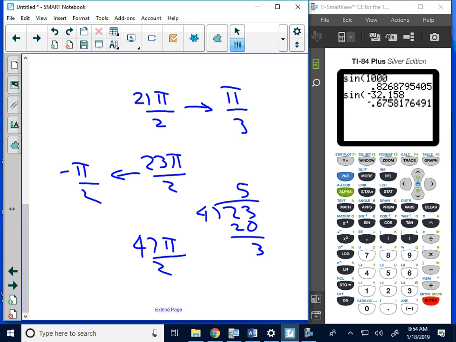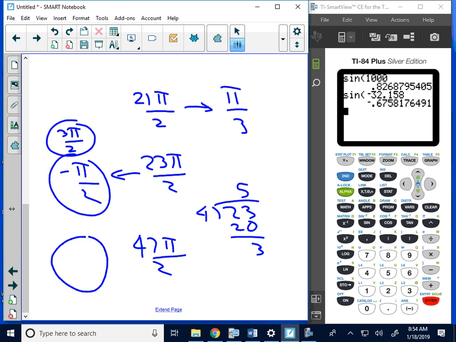Now, I said it was supposed to be the same as negative pi over 2, but this says it's going to be 3 pi over 2. Same thing, right? So here's your circle again. If I said, show me where pi over 2 is, you'd go, okay, pi over 2 is 90 degrees.